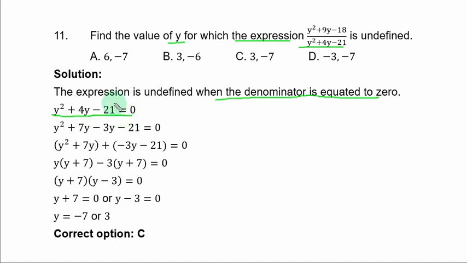To factorize, look for two factors of 21 that the sum is plus 4 in y. Such factors must be plus 7 and minus 3. You write the two factors in y and replace the middle term with them. So you have y squared plus 7y minus 3y minus 21 equal to 0.